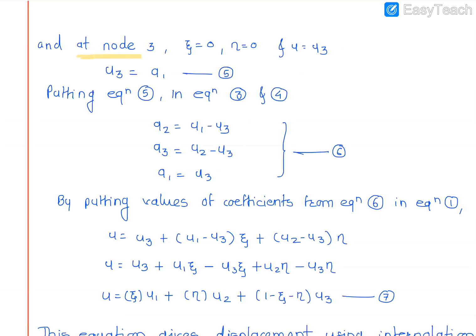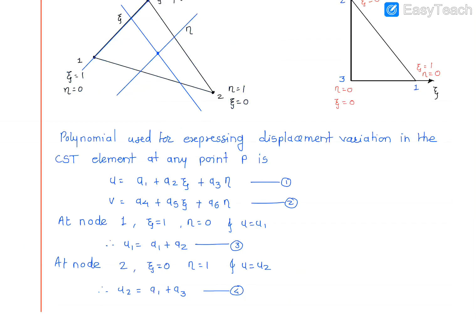Similarly, at node 3, zeta and neta both are 0 and u is equal to u3. If you put this in the polynomial equation, we will have u3 is equal to a1. We will mark this as equation number 5. Now if I put this value of u3 in the previous equations, equation number 4 and 3, I will get the other values of a2 and a3.